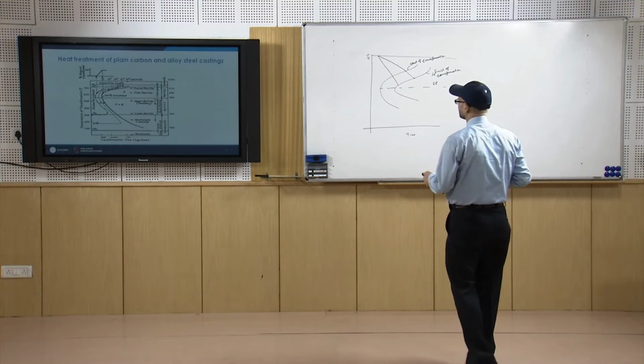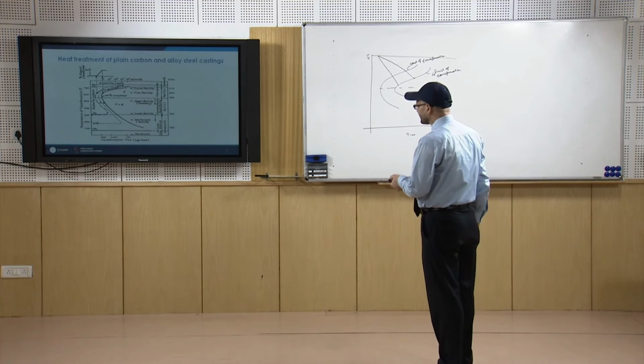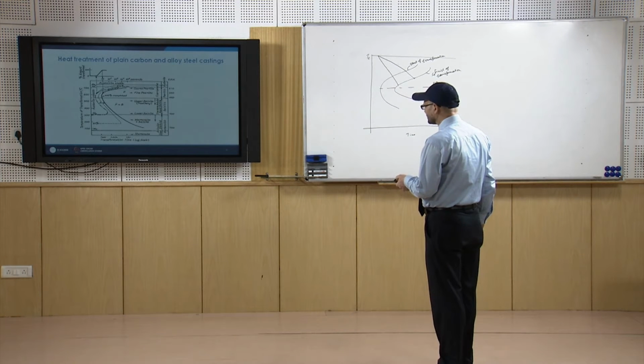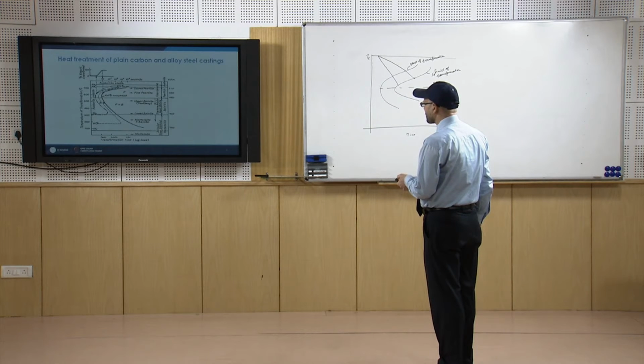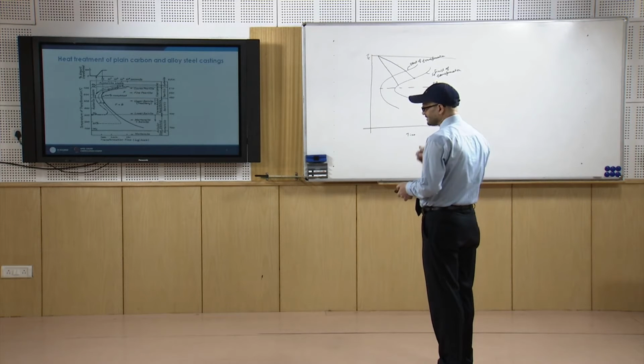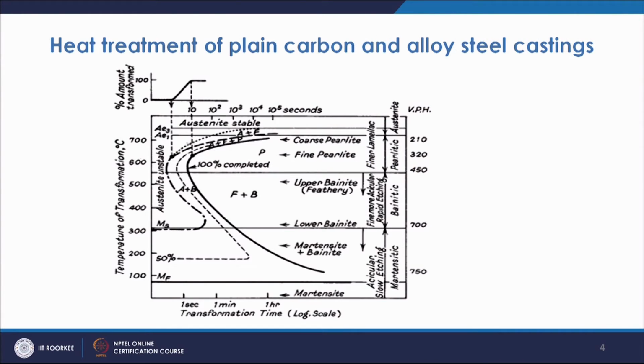Now the next range is the bainitic structure. This is a kind of phase that is bainite, and it has different kinds. Here you have cementite in the needle shape, because of the larger cooling rate and being in the lower range.